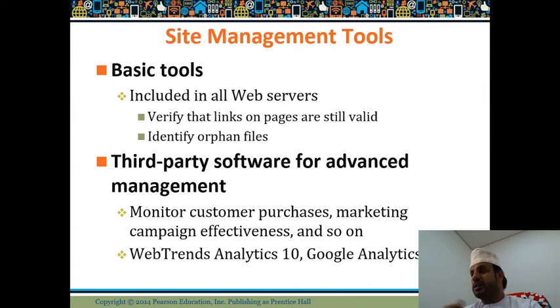Third-party software we have for advanced management, monitoring customer purchasing, marketing, or comparing effectiveness, and so on. Web trends and Google Analytics are all just third-party tools which help the owner of the website or the e-commerce representative to do some analyzing.